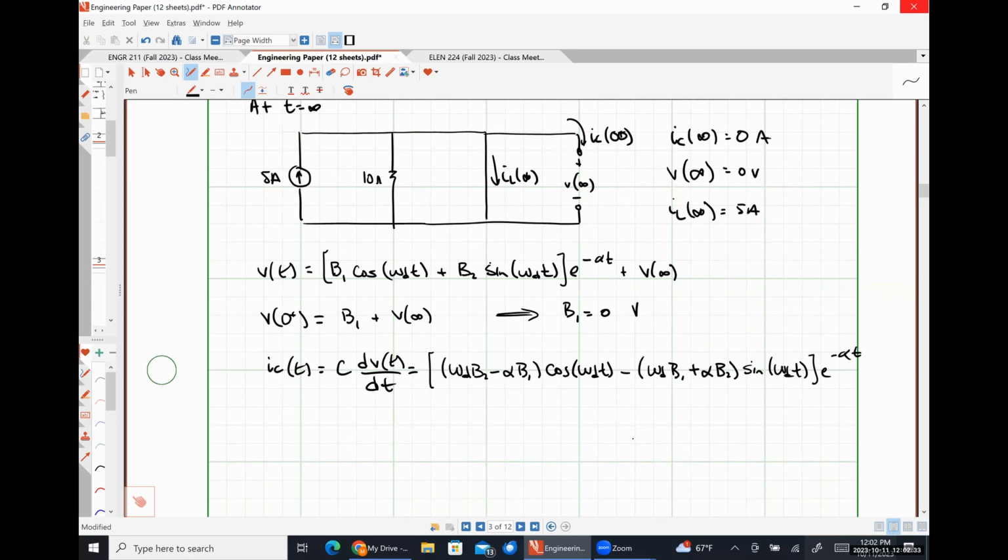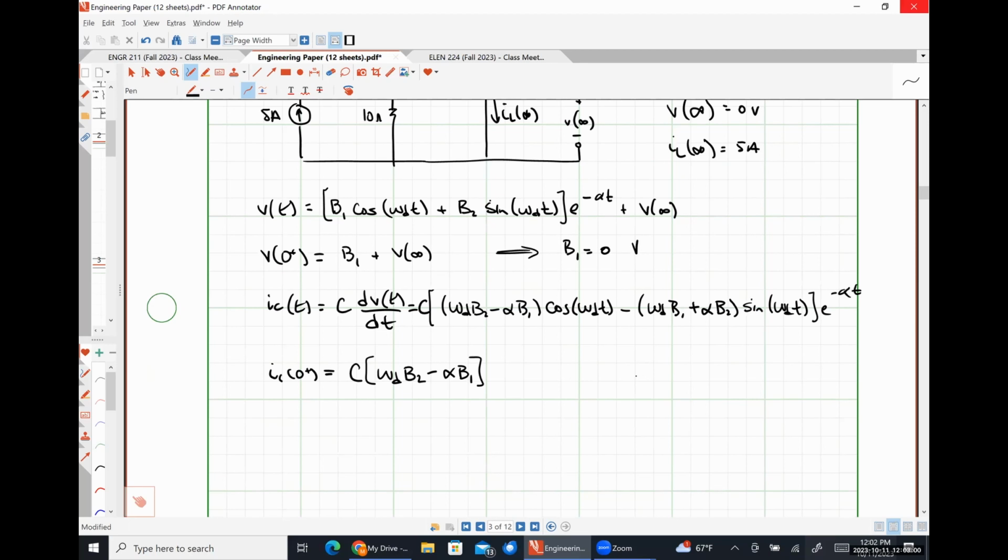So at t is equal to 0 plus, oh, and I forgot, no, that's right. Actually, no, I did forget that. I should have a C there. So this is going to look like C times omega d B2 minus alpha B1. We know that B1 was 0, so this whole term right here goes away.